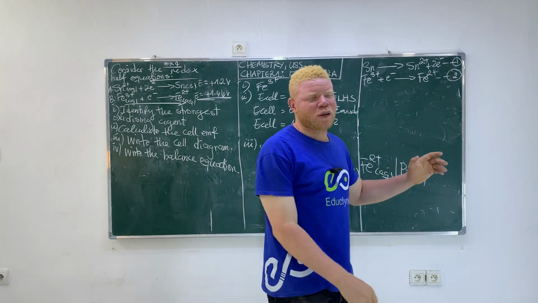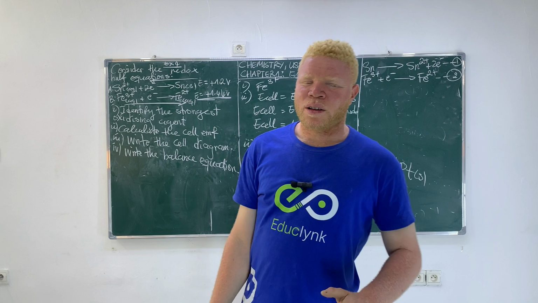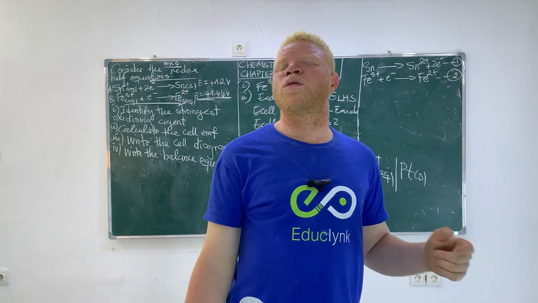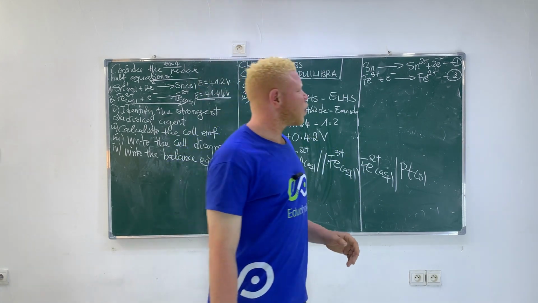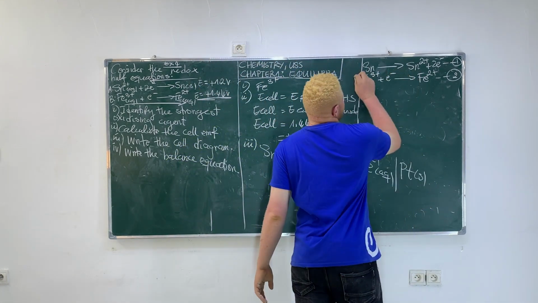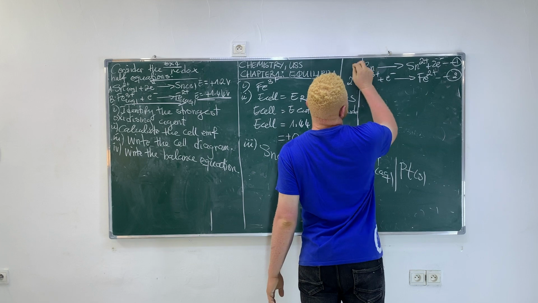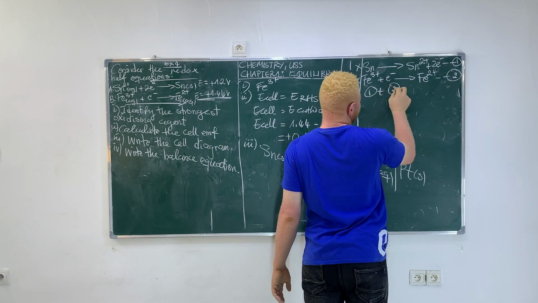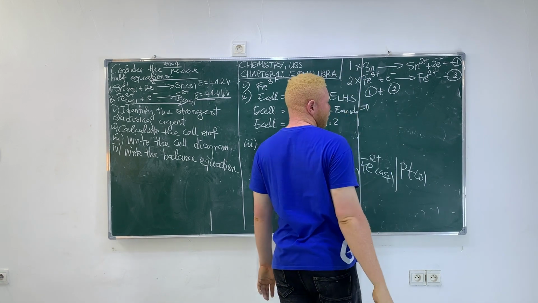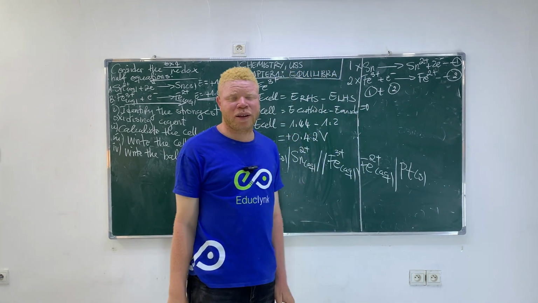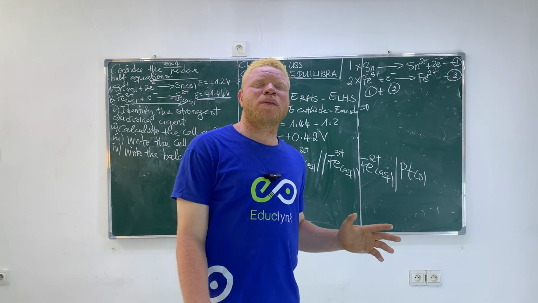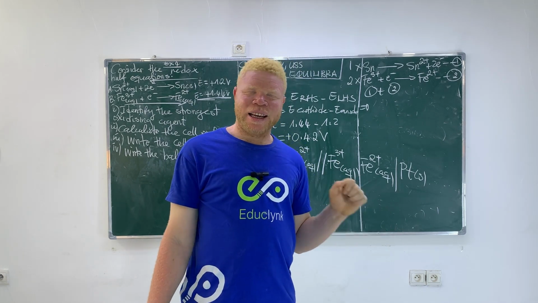After writing the two equations, I balance the electrons. I realize that in equation 1, there are two electrons. In equation 2, we simply have a single electron. We multiply equation 2 by 2, equation 1 by 1. So equation 1 plus equation 2. So we're adding the two equations. First of all, you have two things to do: you multiply, then you add.